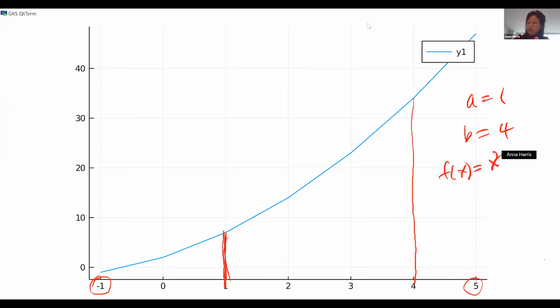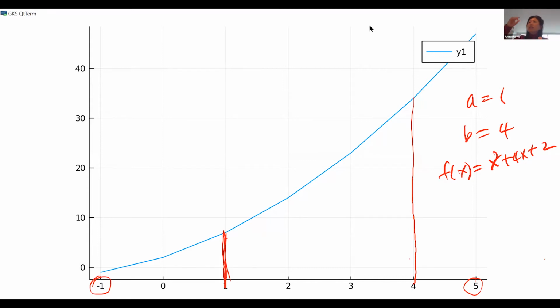What was my function? x squared plus 4x plus 2. All right, so that's my graph. And say I need to find the upper sum and lower sum.